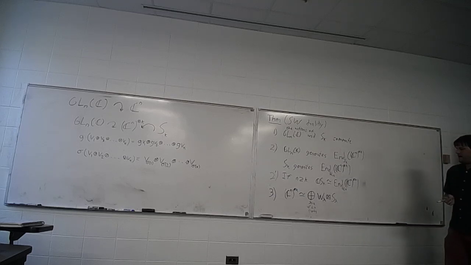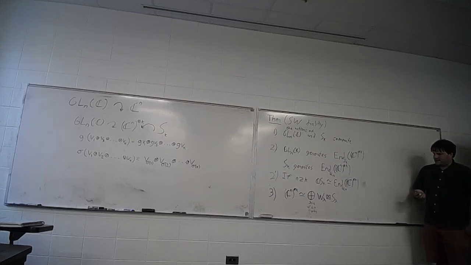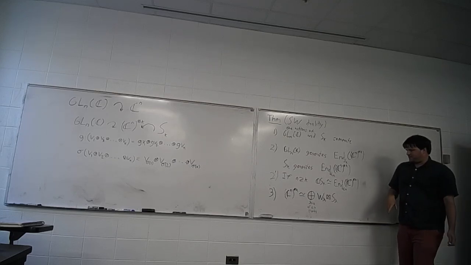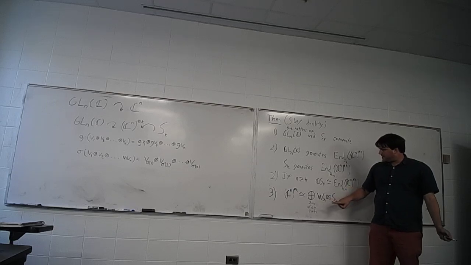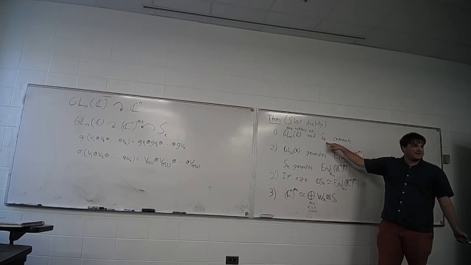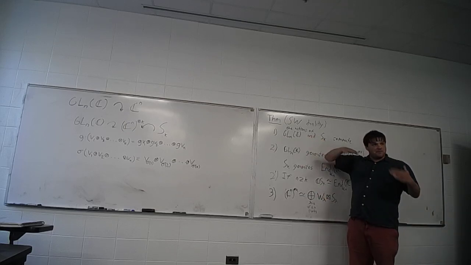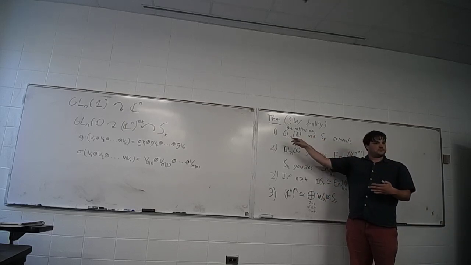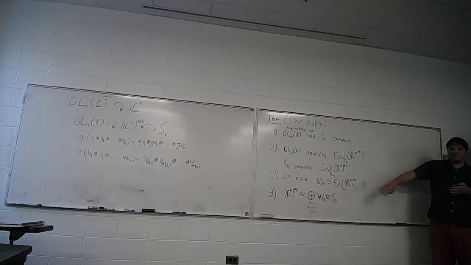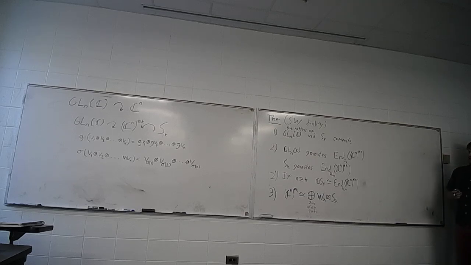We typically index both representations of general linear groups and symmetric groups by partitions. For symmetric groups, it's partitions of k, and for GLN, we get partitions of at most n parts. So that's both of those conditions in this statement.